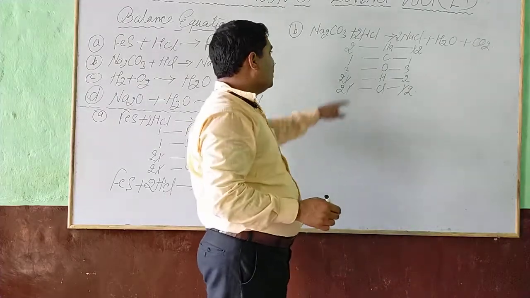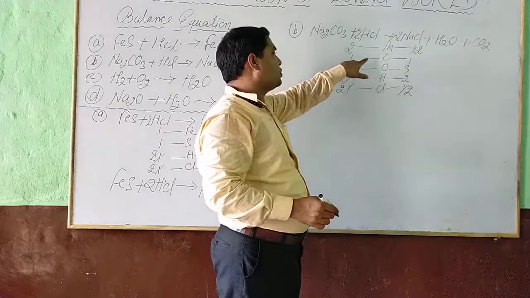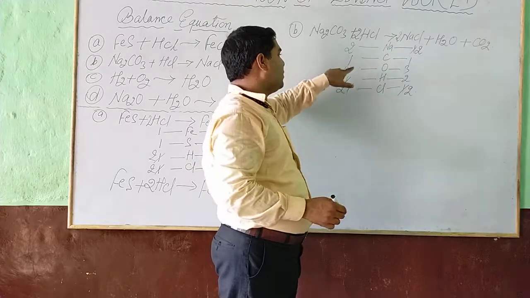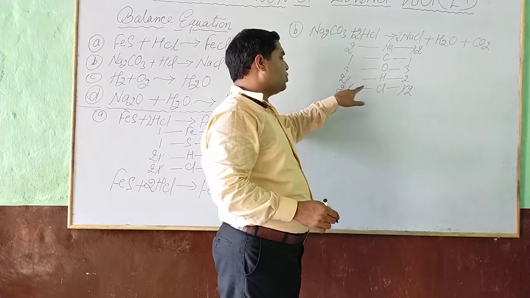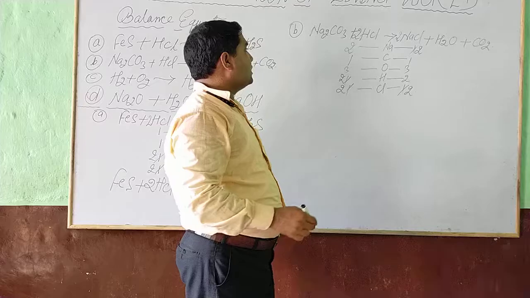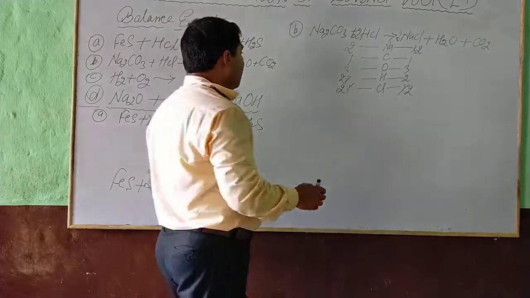Once again we will see: sodium both sides 2, 2; carbon both sides 1, 1; oxygen both sides 3, 3; hydrogen and chlorine both sides 2, 2. This way the chemical equation is being balanced.